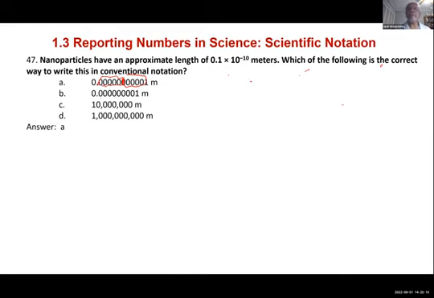When you move the decimal place ten times this way, let me write it down here. 1, 2, 3, 4, 5, 6, 7, 8, 9, 10.